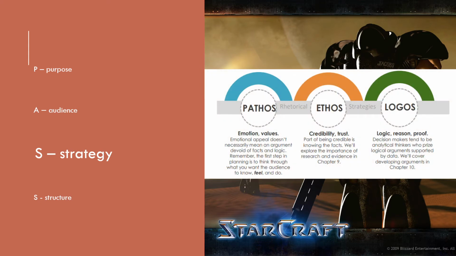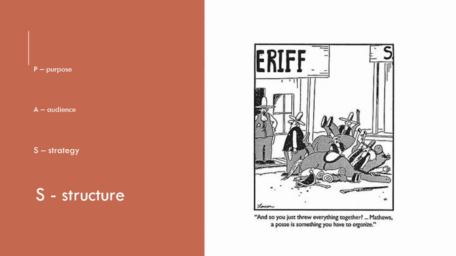And that strategy in persuading somebody has to do with this threefold structure of pathos, ethos, and logos. And when we get into persuasion, we'll be talking much more about the proper use of each one of these different persuasion methods. Okay, and then lastly, structure, that your email is structured well.